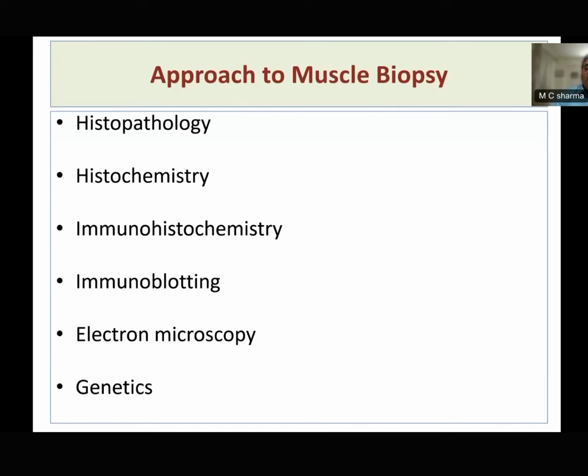The sarcolemmal proteins can be demonstrated, but enzyme histochemistry is difficult sometimes. So what are the different methodologies we apply for the diagnosis? Histopathology, histochemistry, immunohistochemistry, immunoblotting, electron microscopy, and genetics.